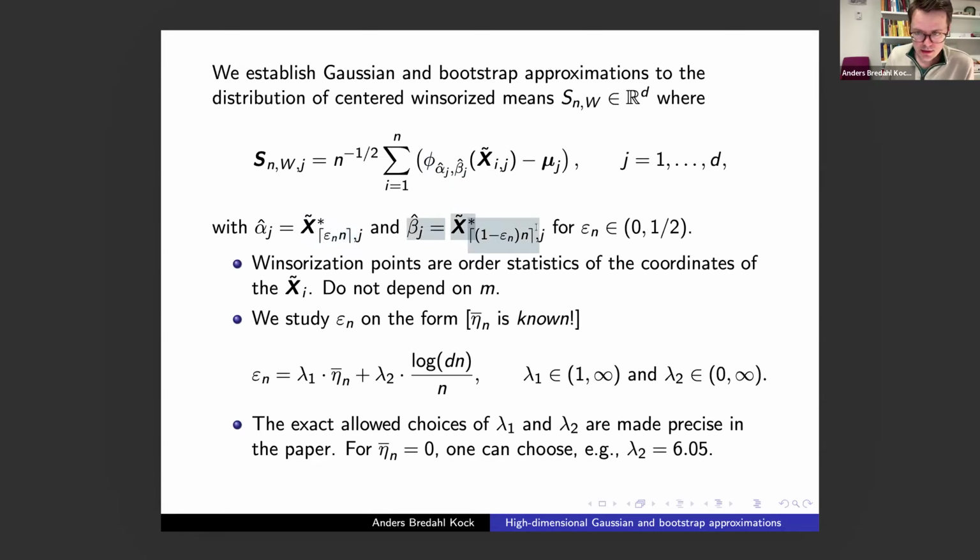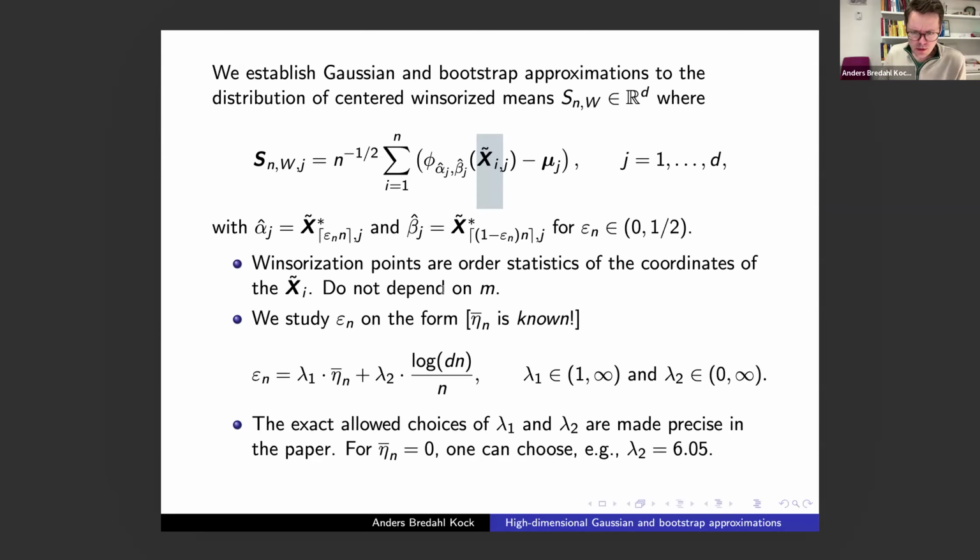Beta j hat is the upper epsilon order statistic of the contaminated data. So you can see all that has changed compared to the plain sums is that now we Winsorize the data instead of plugging in the raw data itself. And potentially there's contamination because the data X could be contaminated. That's why there's a tilde now instead of the raw data X.